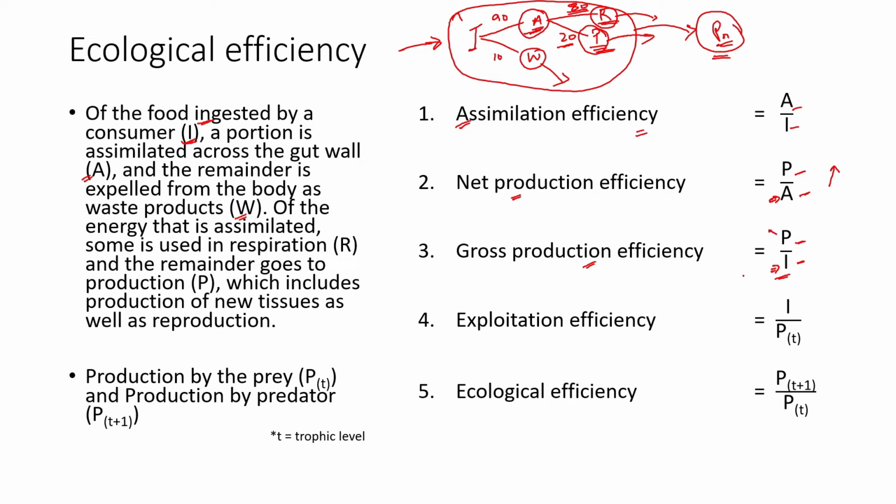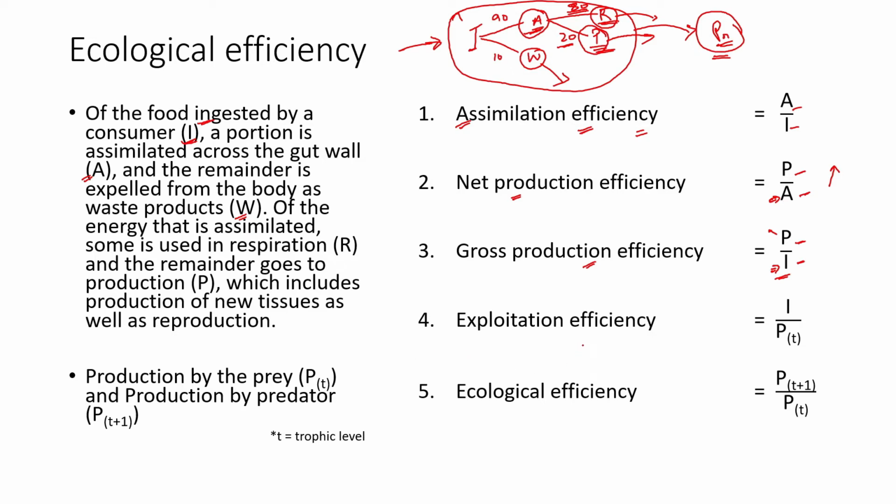So you can clearly identify which plant or animal or organism is more efficient in production or assimilation or ingestion. These efficiency ratios talk about which organism is efficient in production, consumption, assimilation or ingestion.